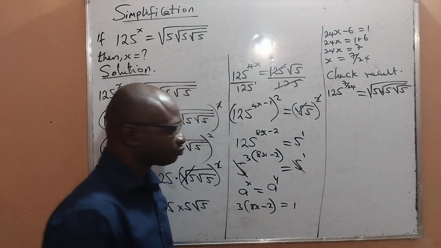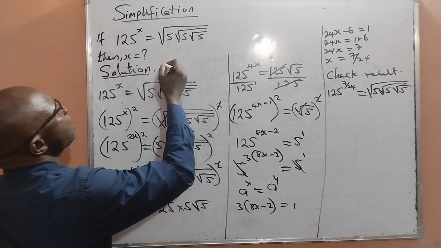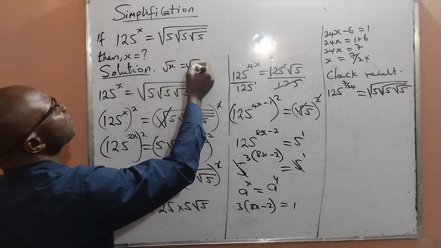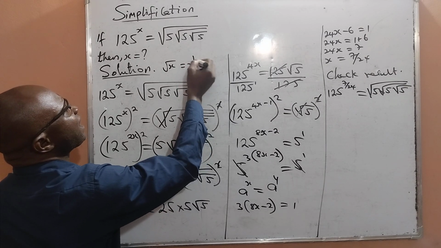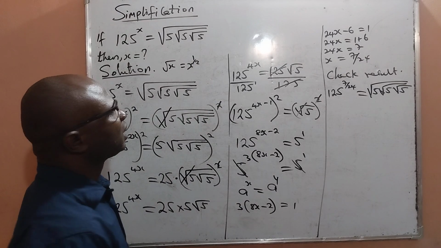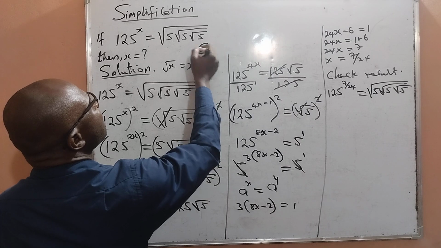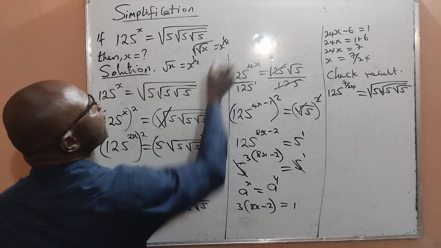Okay, now, I want you to note this. If I give you square root of x, it is the same thing as x raised to the power half. If I also give you something like square root of x, then another square root, then another, it is the same thing as x raised to the power 1 over 8.